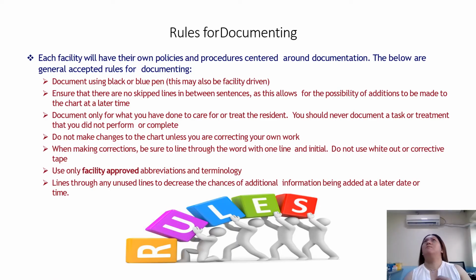What do we mean by that? It's supposedly internationally approved abbreviations. There are lots of abbreviations that nurses create in the area because they want to write a very lengthy term in a shorter way, so they tend to have their own abbreviation. You can use that in your scratch paper, but never in the chart.